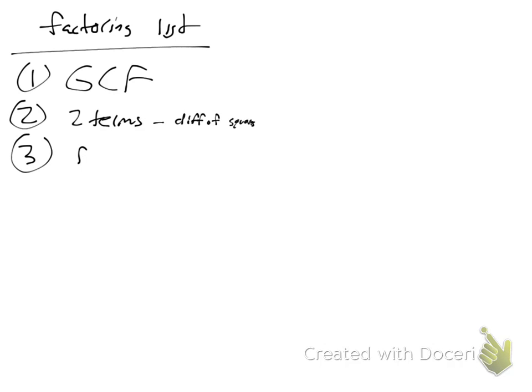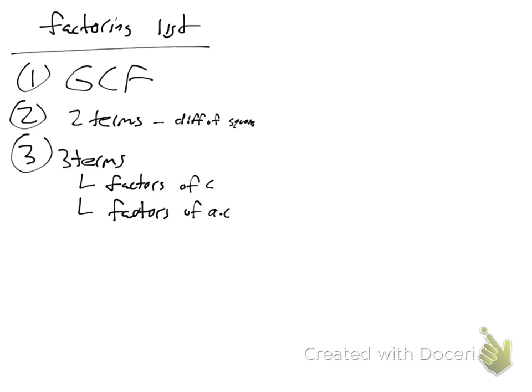Put 3 terms first. If there are 3 terms, then we have to do factors of C or the factors of A times C, and then do factor by grouping, right?